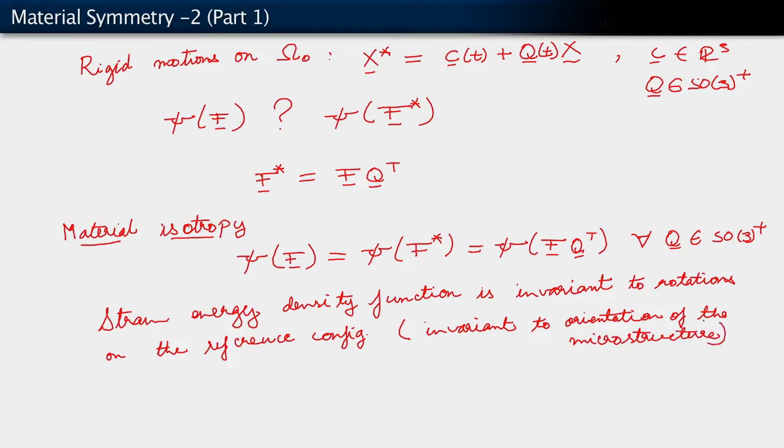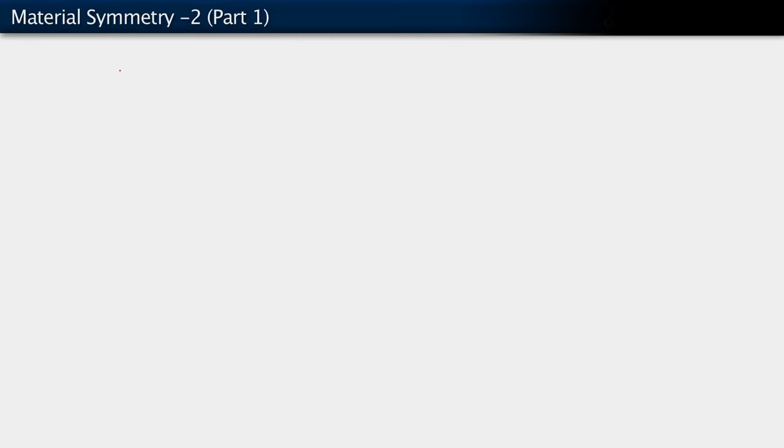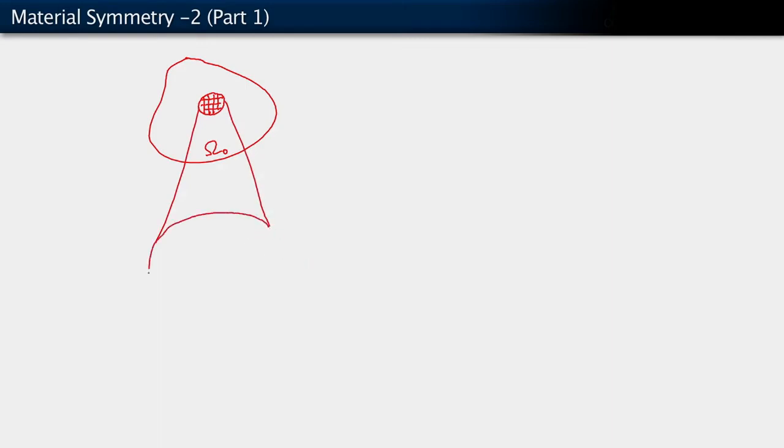So if I may show you things pictorially, it is the following. You have omega naught. We pick a little neighborhood, and suppose we see that the microstructure has that orientation. Pull out that little piece of microstructure, pull out that little neighborhood. That is my neighborhood now.